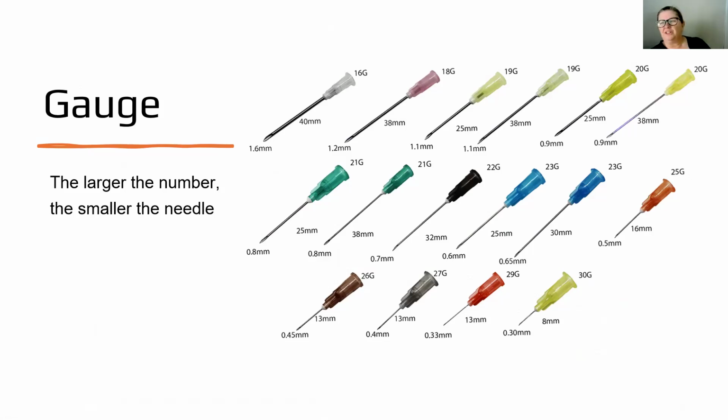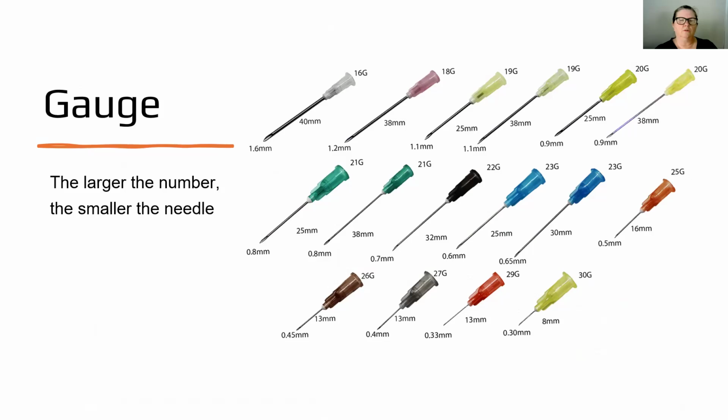I like 23s a lot, but what determines the gauge that you use is the viscosity, or the thickness, of your medication. So if you've got medication that's like syrup, you may want to use that 18, 19, 20 gauge. Otherwise, and I always compare it to, it'd be like trying to push a golf ball through a garden hose.